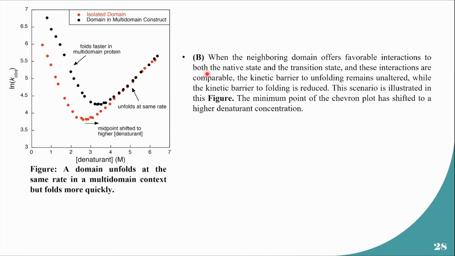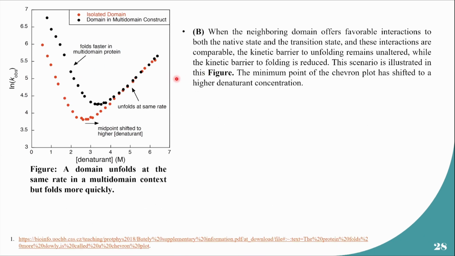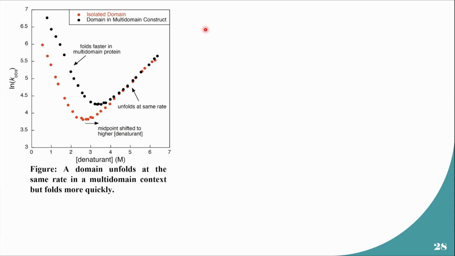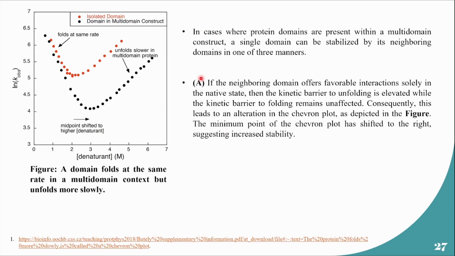Similarly, in another example, we will see. So it is again another multi-domain construct. So I guess I should have talked about the particular examples here. So here it is saying that if the neighboring domain of this domain-domain construct offers favorable interactions solely in the native state, not in the unfolded state, then the kinetic barrier to unfolding is elevated while the kinetic barrier to folding is unaffected, and that is why you are getting this sort of plot.